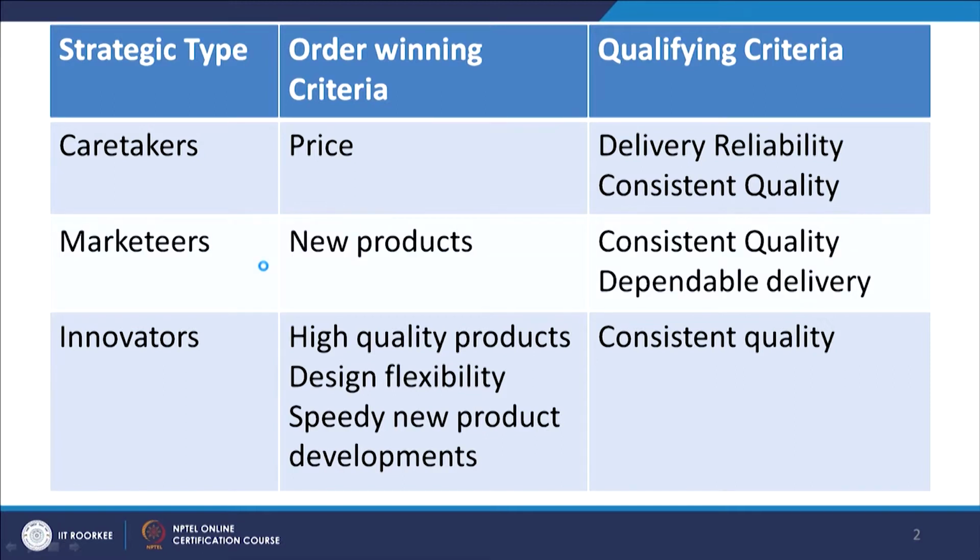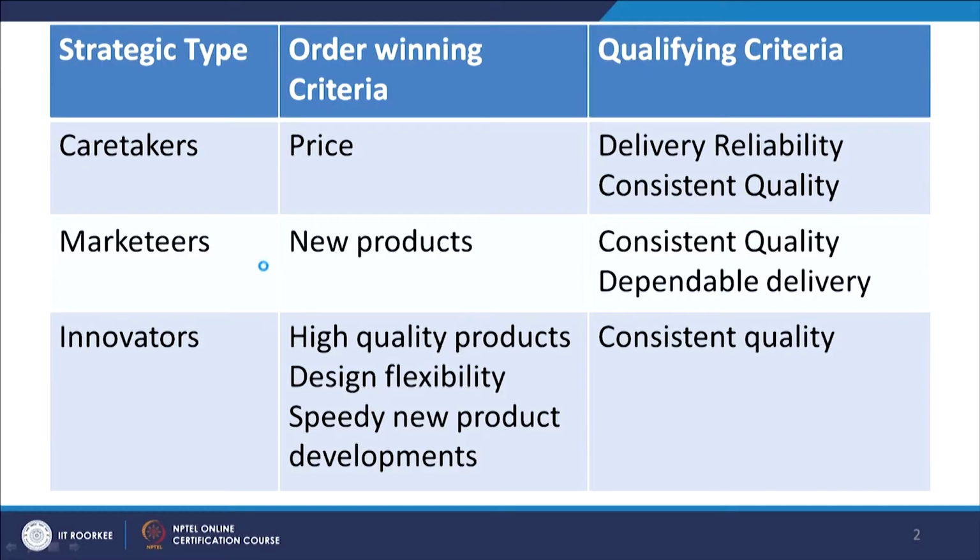So, now when we see the contribution of Roth and Miller, they divided the organizations, manufacturing organizations particularly, in 3 broad categories: caretakers, marketeers and innovators. These are the 3 prime categories. According to the classification, caretakers are those types of organizations where price is the most important, the order winning criteria.